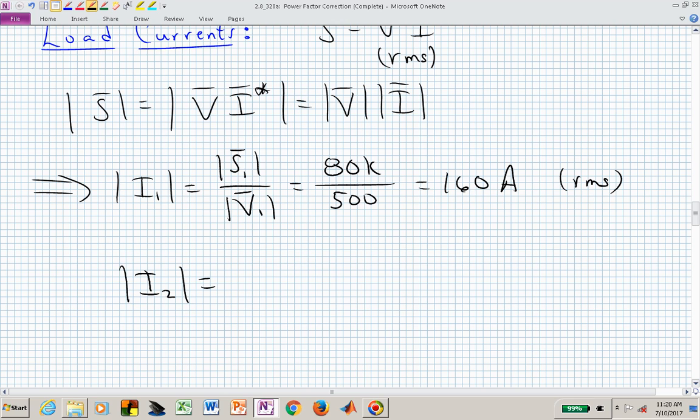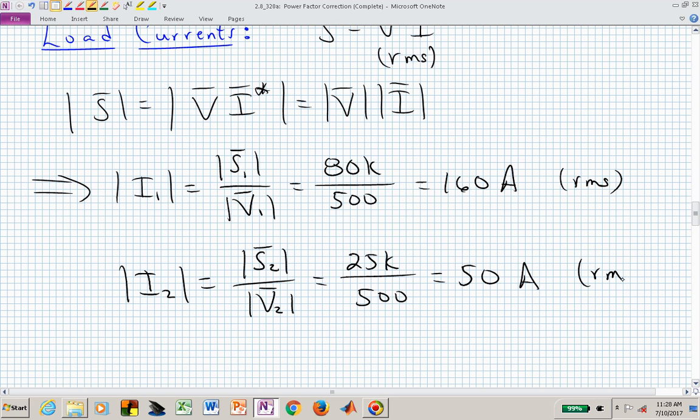Load number 2 is now going to be found similarly. The voltage is the same because we're in parallel, and the apparent power was 25K. This ends up being then 50 amps for load number 2.